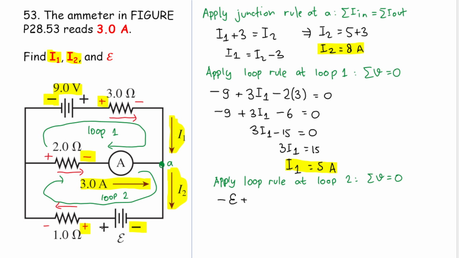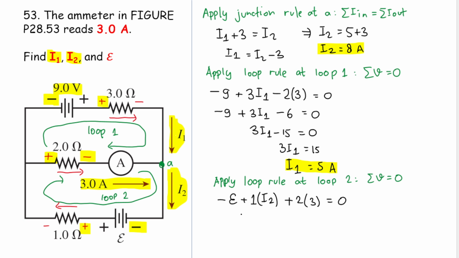Then 1 multiplied by the current that passes through this 1 ohm resistor, which is I2. Then one more component here, entering from the positive terminal, so I will have plus 2 ohm multiplied by 3 ampere, and all of that will equal 0.